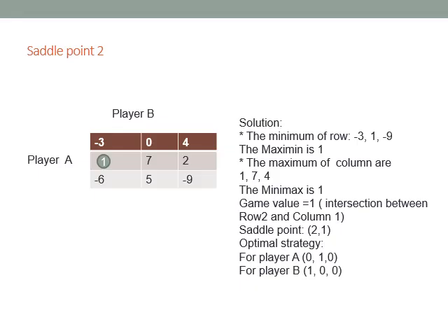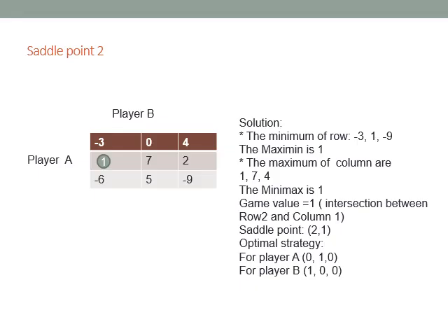Let's move to player B. Player B will not choose strategy 2 or strategy 3, because according to the saddle point, his strategy is controlled by the saddle point, and the place of the saddle point is column 1. That's why he is going to choose strategy 1.